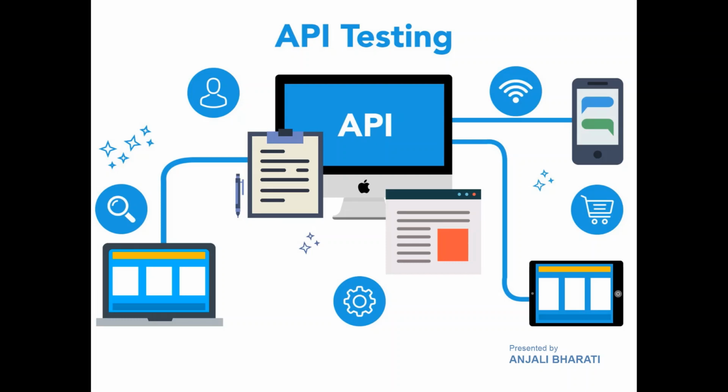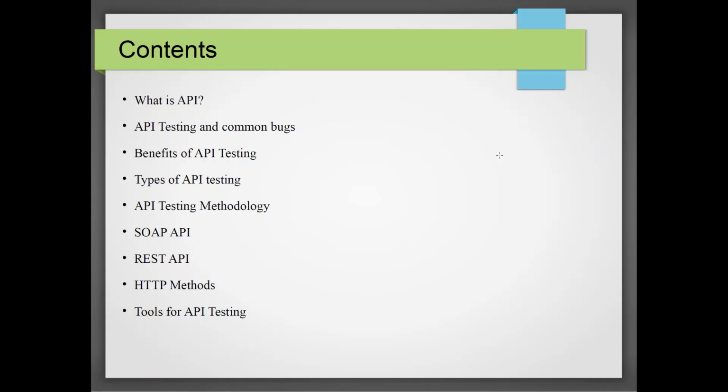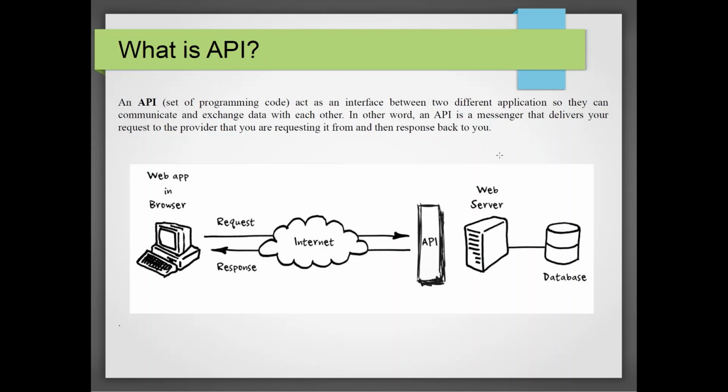I will also show you how we can do API testing using Selenium in C#. So in today's video I will show you what is API, why we need to do API testing, and what are the benefits of it. So let's get started with what is API testing.